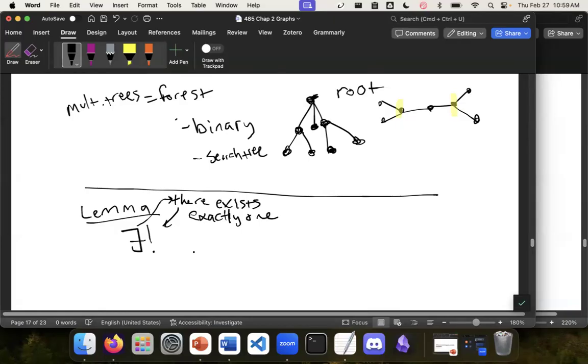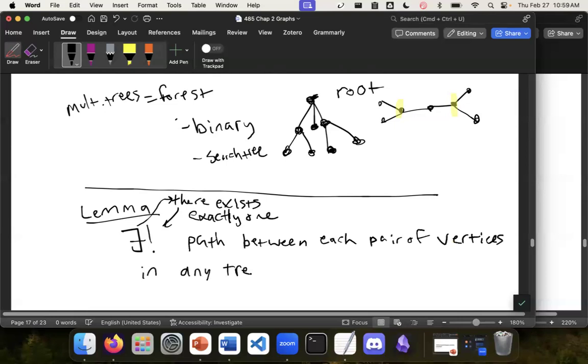So the statement of the lemma is there exists exactly 1 path between each pair of vertices in any tree T. So in any tree, for any pair of vertices that are in there, there is only going to be 1 path between them.